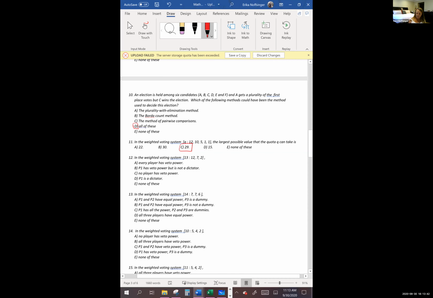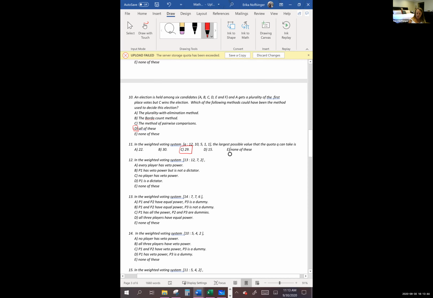So in the weighted voting system 13, 12, 7, and 2, does every voter have veto power? Player 1 has veto power, but is not a dictator. No player has veto power. Player 1 is a dictator, or none of these.